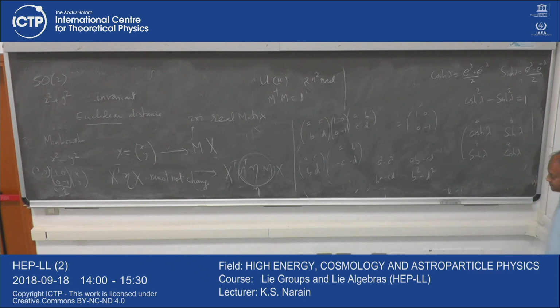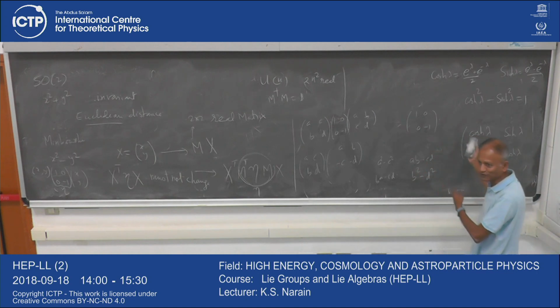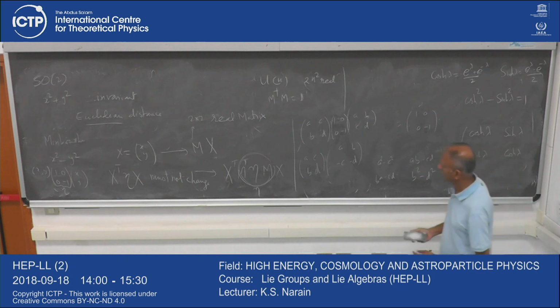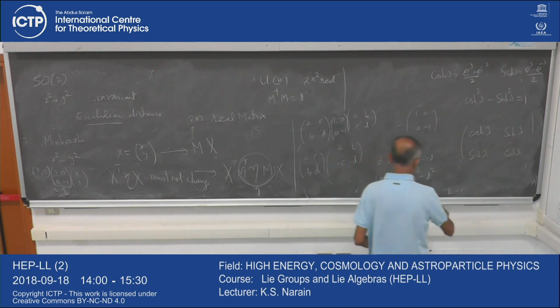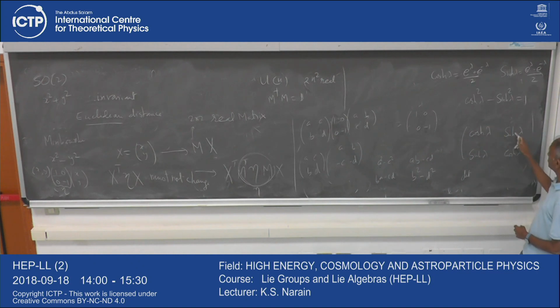So this is correct. This is a solution, a class of solutions, a one parameter family of solutions. And this object has determinant cos hyperbolic square lambda minus sine hyperbolic square lambda, which is 1. So the determinant of this is equal to 1.